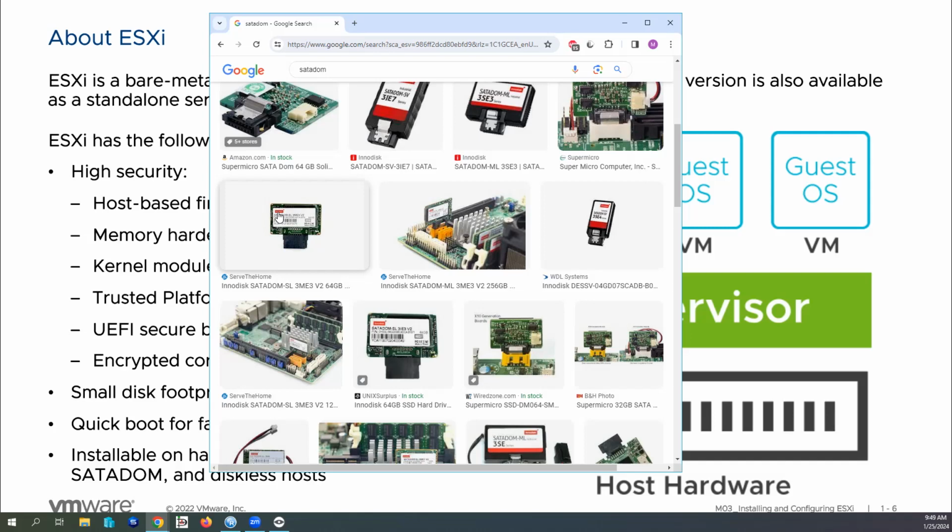So look at these SATA DOM things. There's no cable. They just plug directly into the board, like a flash drive. I didn't know if you'd noticed those existed, but that's kind of cool.